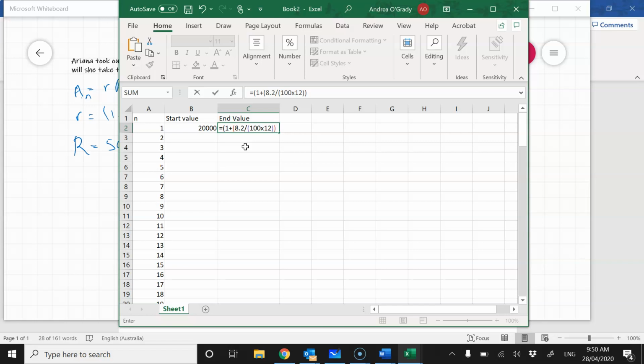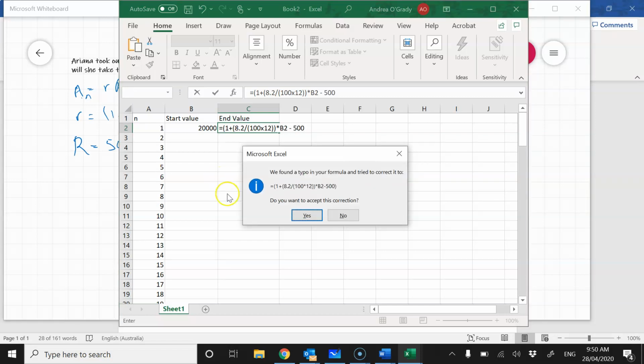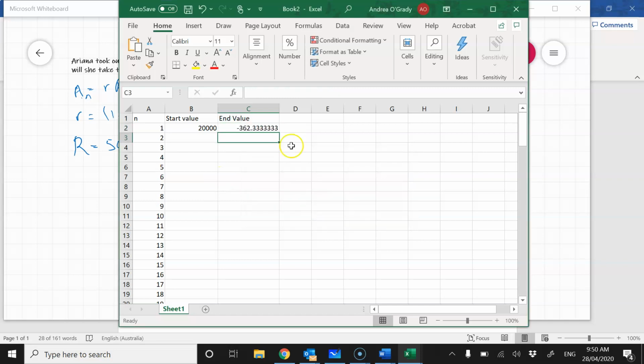Now, sorry, I don't mean to confuse you, but that's what I would have done on my calculator. So you can just bring over a value times the value, which is 20,000, and then subtract the repayment, and the repayment is 500. It doesn't like it because we found a typo.